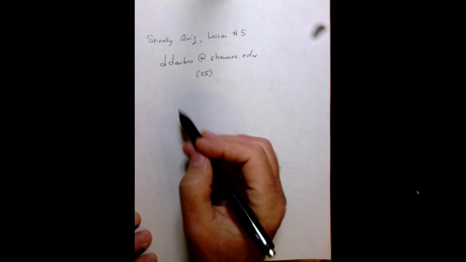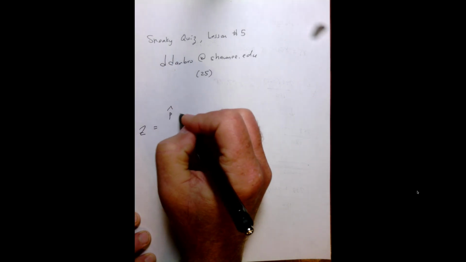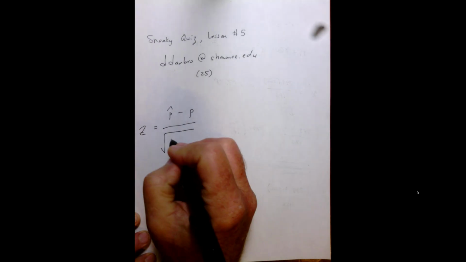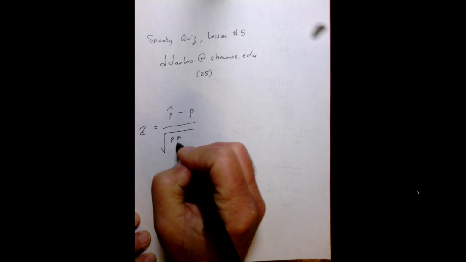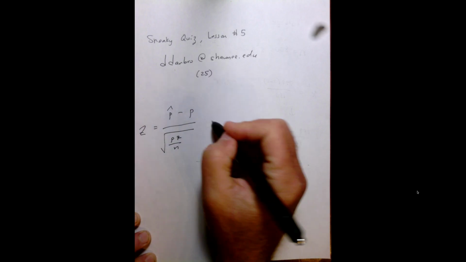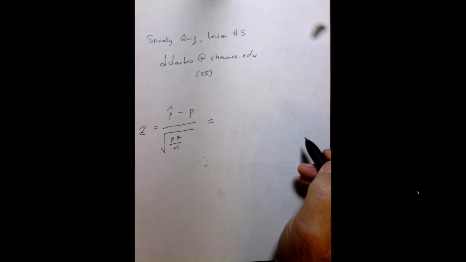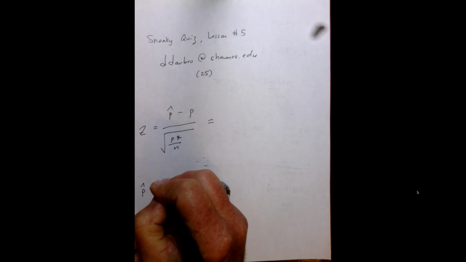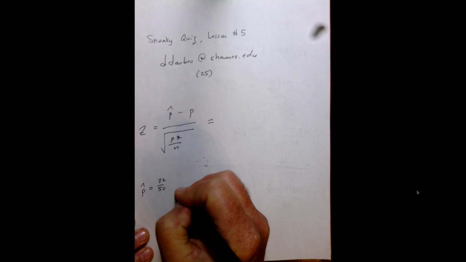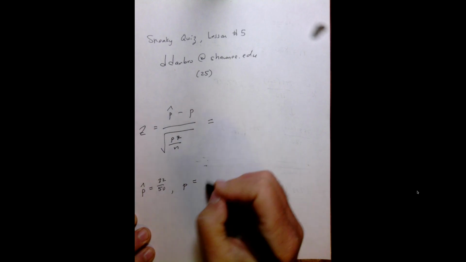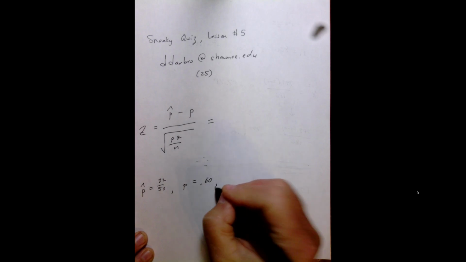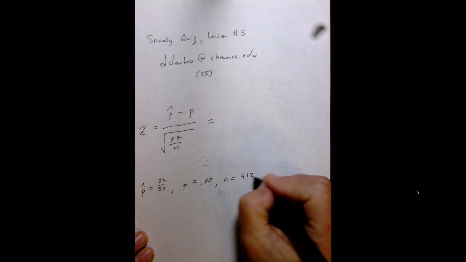So what I want you to do is email this to me. We know that Z can be expressed as P hat minus P, over the square root of P times Q, and we can put 1 minus P for Q. So I want you to email to me what Z is when P hat is 32 out of 50, P is 0.60, and N is 412.